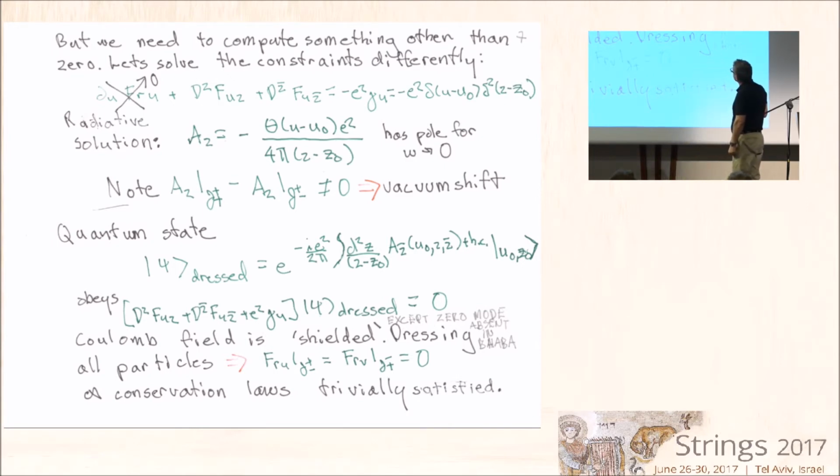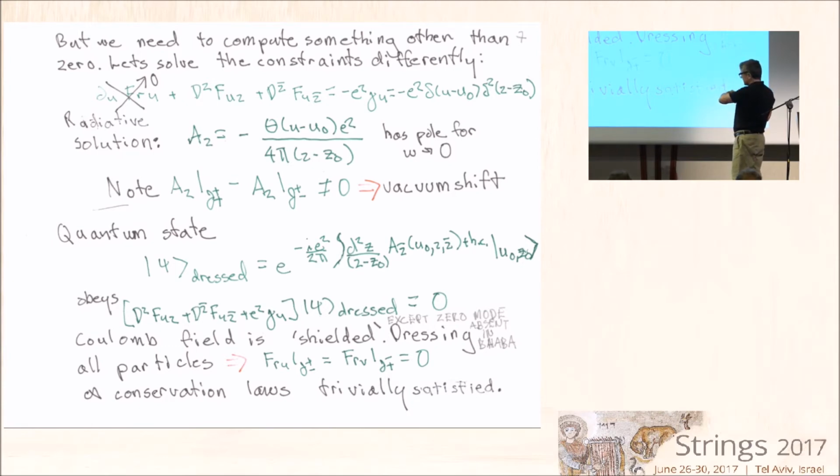And notice also that this A has the property that, because of this step function, it's going to be flat. This is pure gauge except at u equals u0. It's a flat connection except at u equals u0, where there's a radiative shock wave that's coming out with the electron. There is a shift in the flat connection. So when we do this, we're talking about a situation in which we're making a transition from one vacuum to an inequivalent second vacuum, both with flat connections.